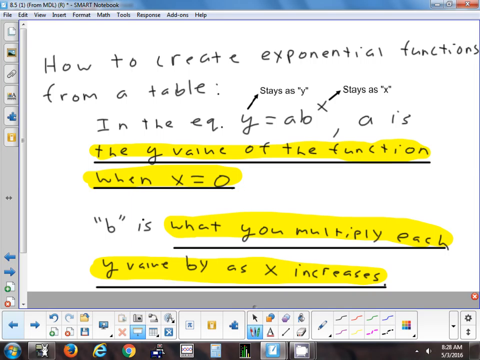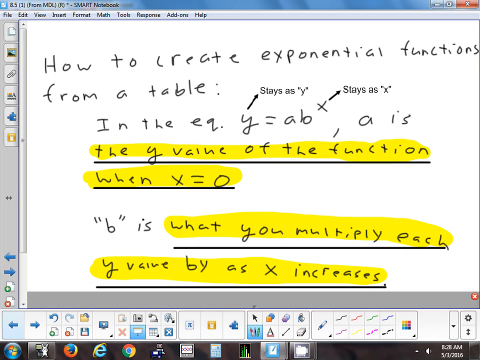Then on your sheet, below that you have a is, and a long line. Write the y value of the function when x equals 0. If you don't know what that means, that's okay, because we haven't done one yet. When we do the next example, that'll make a little more sense. So a is going to be the y value of the function when x equals 0. b is going to be what you multiply each value by as x increases.